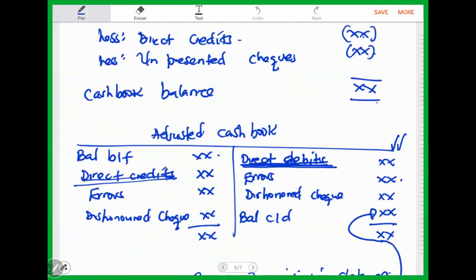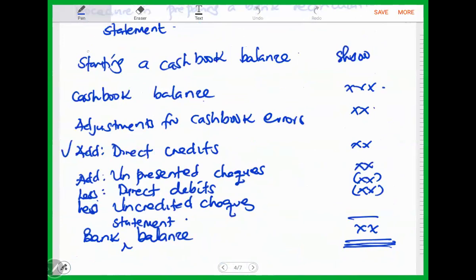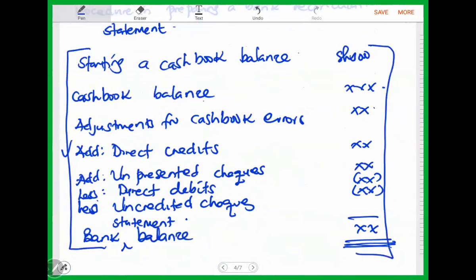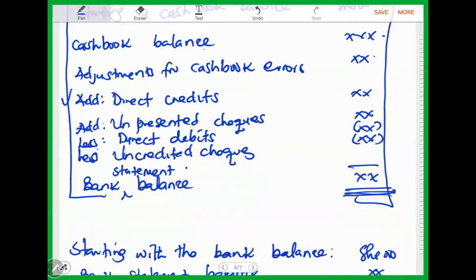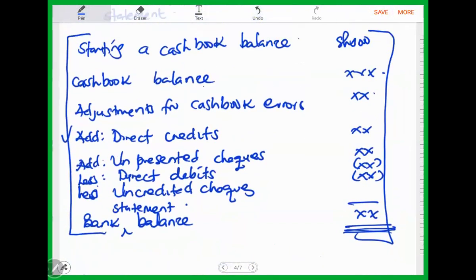Now, the one thing you have to understand is that this one here specifically combines both the cash book and the bank reconciliation statement. But the questions that are asked in most cases would require you to come up with an adjusted cash book and a bank reconciliation statement. Now, this is a combination of both. That is why we don't follow it.